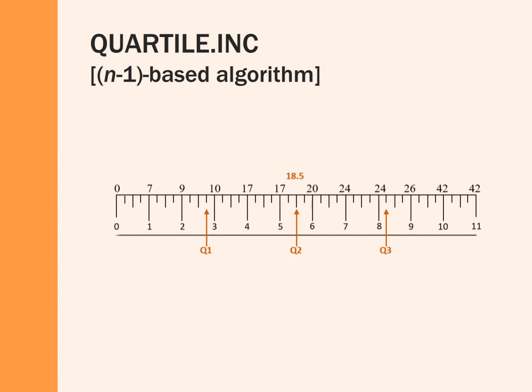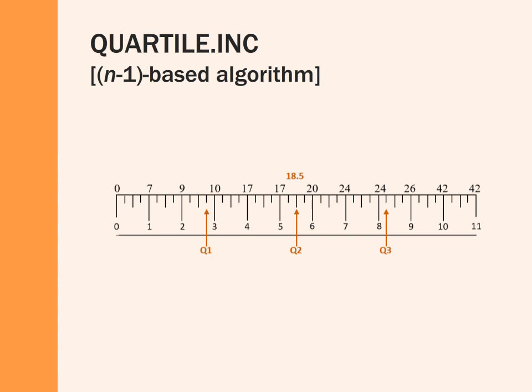Now to find the value of the first quartile. Again, the first quartile is not associated with a value that actually exists in our data. Instead, it falls between the values of 9 and 10, the third and fourth cases in order. We find the difference between those two cases, which is 1, since 10 is 1 more than 9.